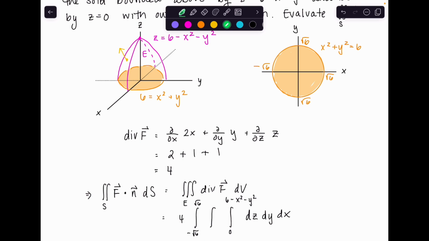For the y, you would start at the bottom half of the circle and go up to the top half. So that would be negative square root of 6 minus x squared to positive square root of 6 minus x squared. So these would be those bounds on y. So this is using rectangular coordinates.